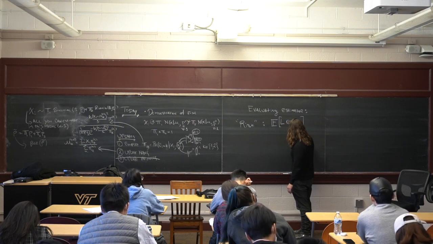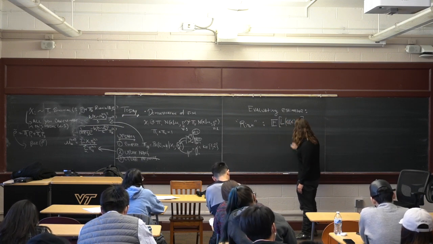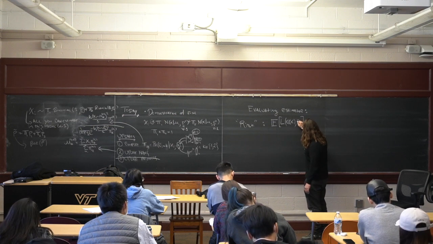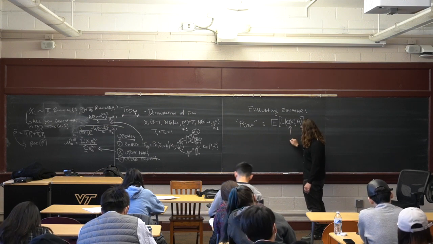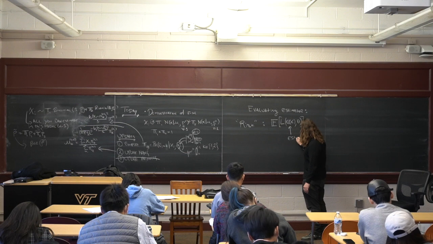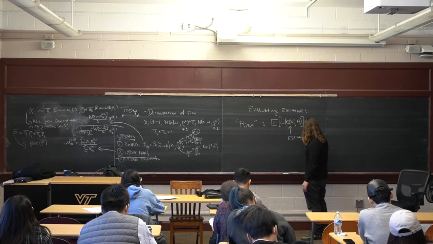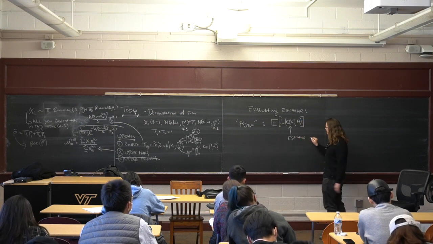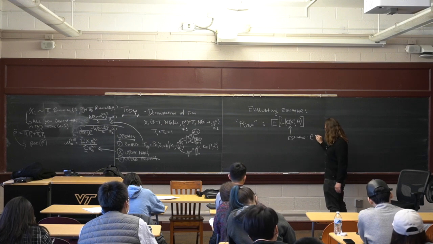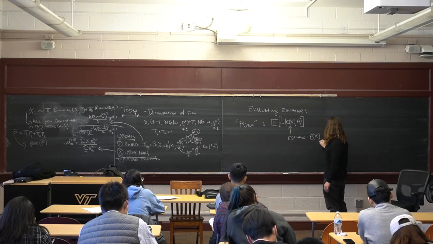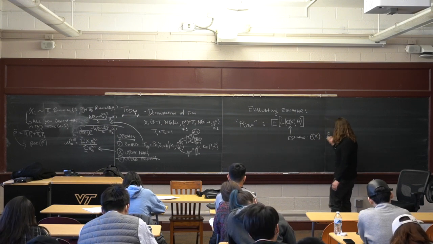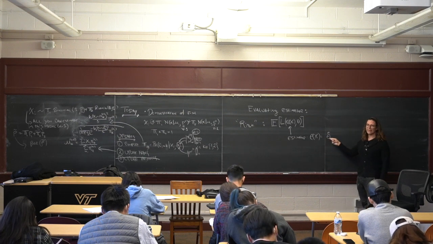I'm going to change my notation a little bit from what I've been using. But this right here is what we call an estimator. So the idea is this function right here is what I've been usually calling theta hat.